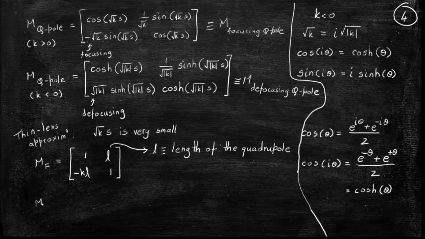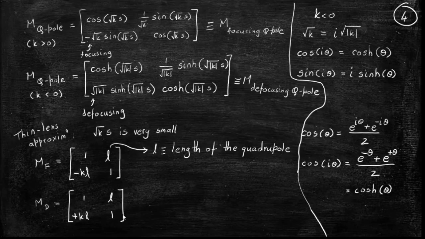Similarly, the matrix for a defocusing quadrupole, if you expand in similar, this comes from a Taylor series expansion and retaining the first term. There is nothing special. It will give you 1, L, plus KL and 1.